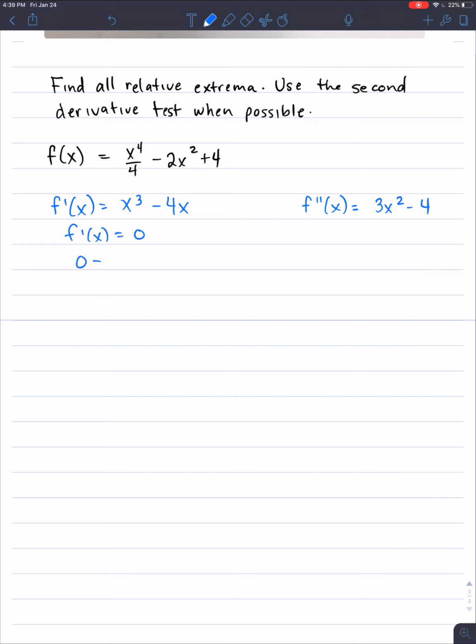So I'm going to have 0 is equal to x to the third minus 4x, and here we factor out an x, and we'll have x squared minus 4. That's a difference of squares, so x minus 2, x plus 2. And then set each one of those equal to 0, so x is equal to 0, negative 2 is equal to x, and positive 2 is equal to x. And these are possible critical numbers, or critical points.